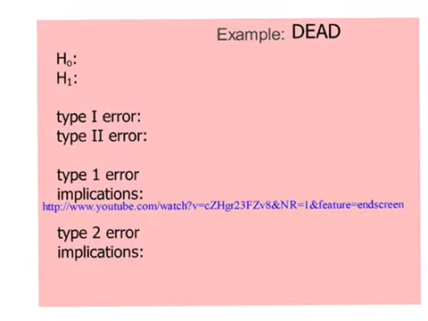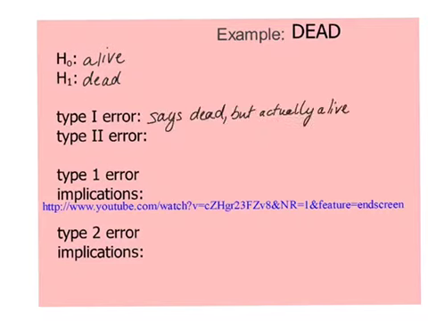Here's our last example: death. Most people are considered to be alive. If something changes, they're now considered dead. If someone makes a type 1 error, they're saying the person is dead, but they're actually alive. Very creepy for the implications.